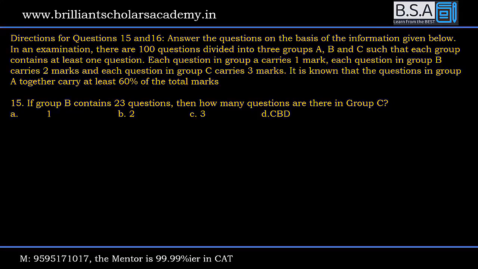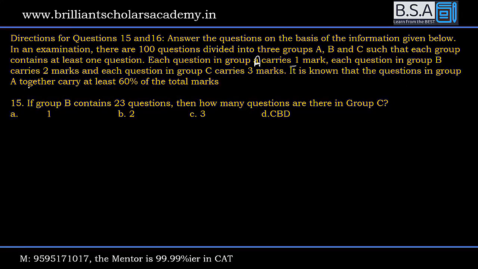Answer the questions on the basis of information given below. In an examination, there are 100 questions divided into 3 groups, A, B, and C, such that each group contains at least 1 question. Each question in group A carries 1 mark.